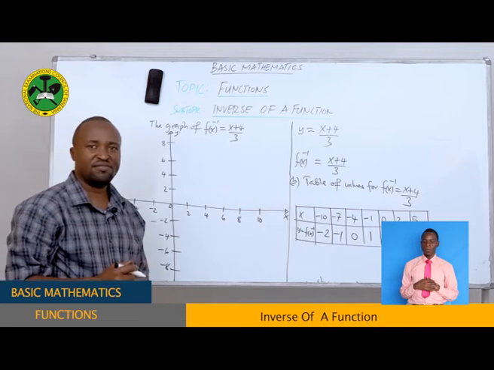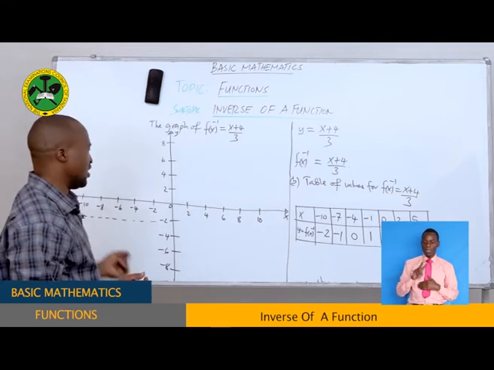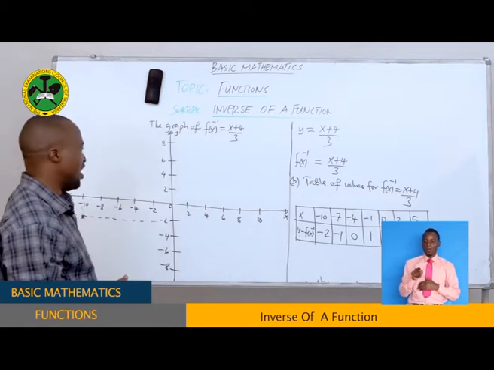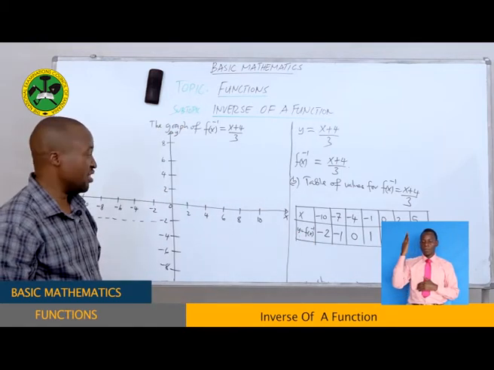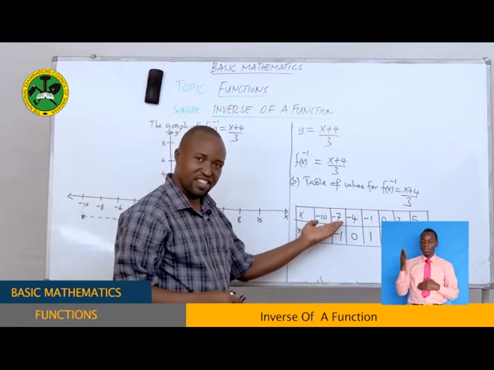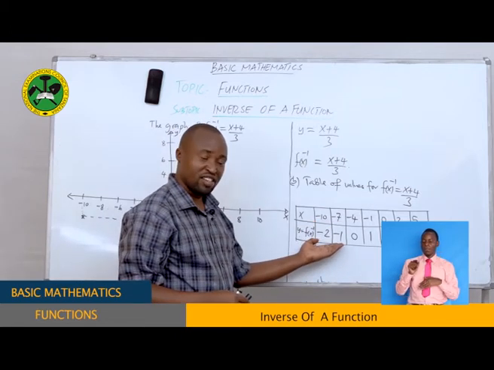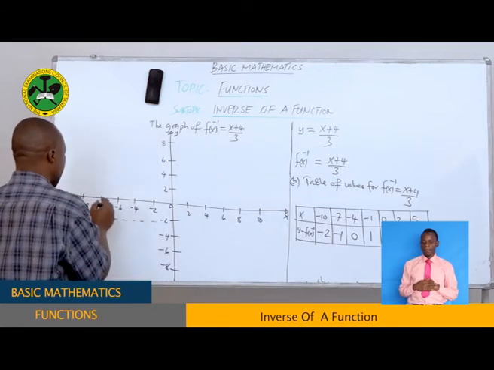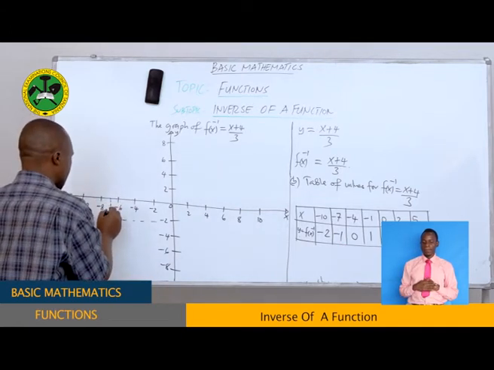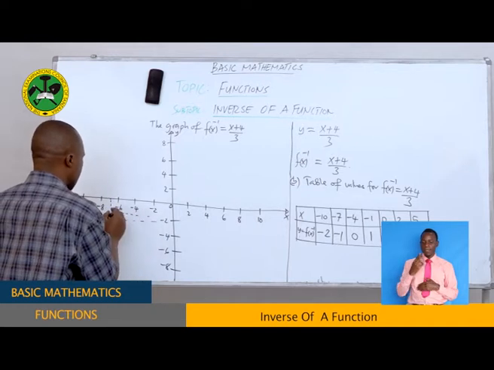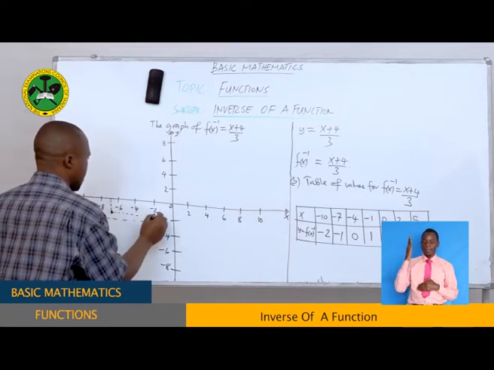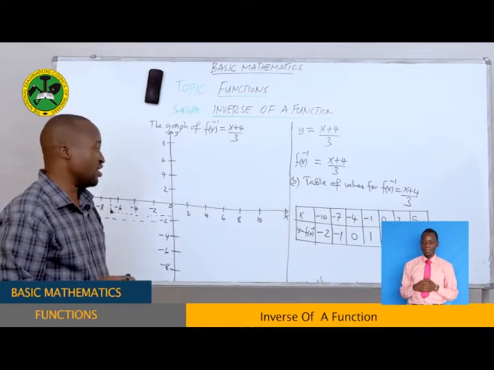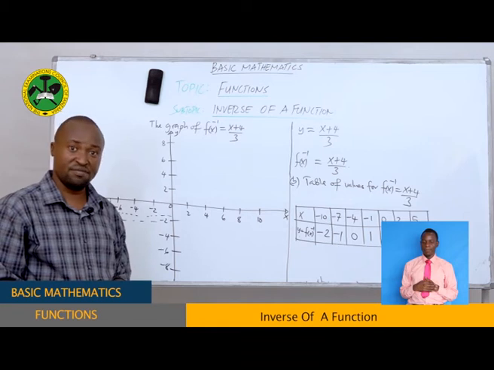So at this point, that is negative 10, comma, negative 2. Now the next coordinate, in this case, negative 7, comma, negative 1. That is negative 7 by negative 1. So in this case, it will be somewhere here. So this is our second coordinate, that is negative 7, comma, negative 1.